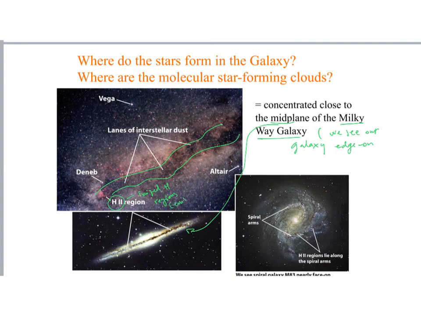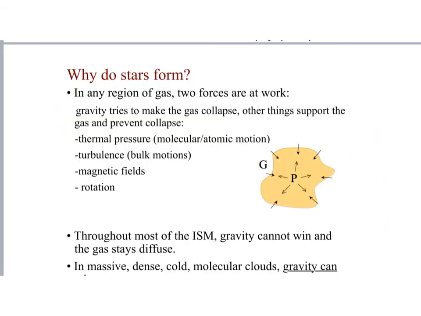So the emission nebulae. And here is, for example, a face-on view of a galaxy like the Milky Way, very much like our own galaxy. And you see there are these spiral arms, and it's in the spiral arms that we identify those emission nebulae. That is where the stars form.